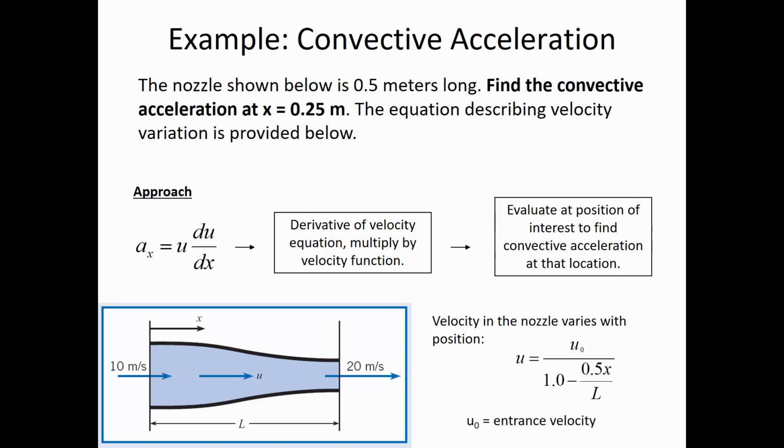So du dx is d of u naught m to the minus 1 with respect to dm, multiplied by d of 1 minus 0.5x divided by L with respect to dx.